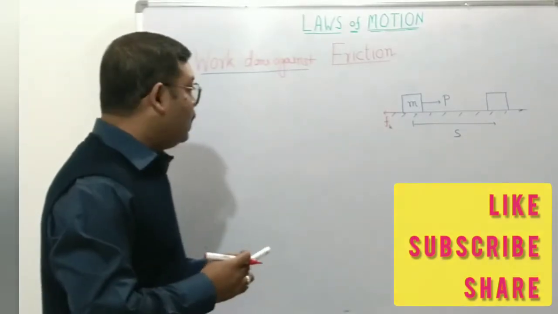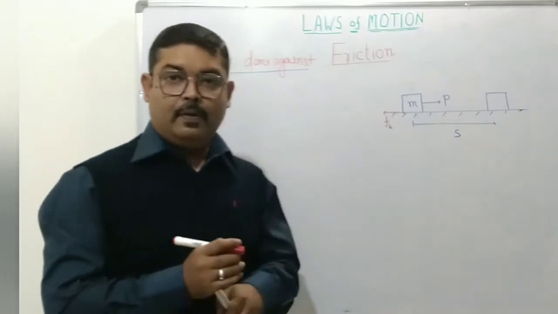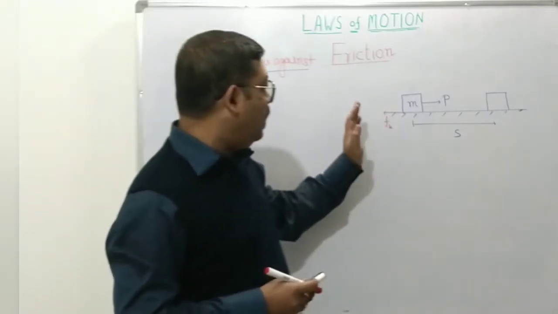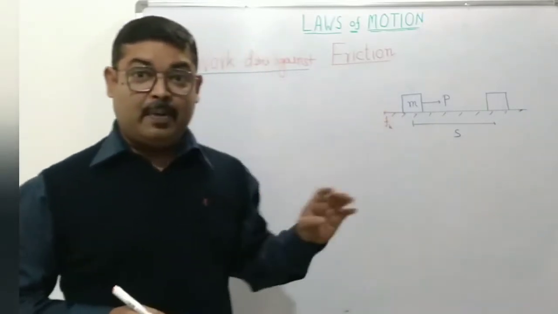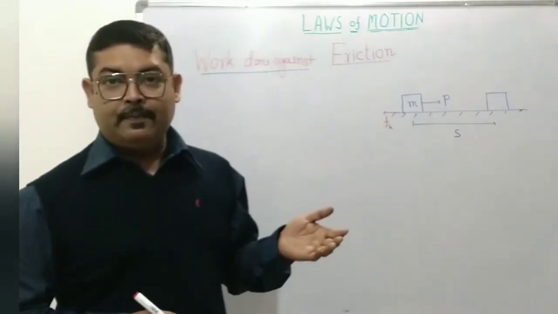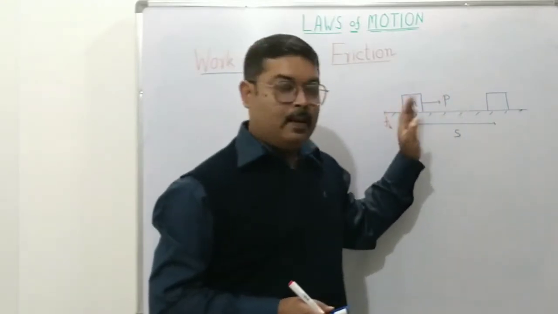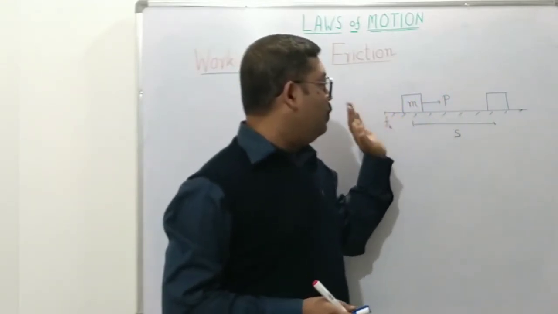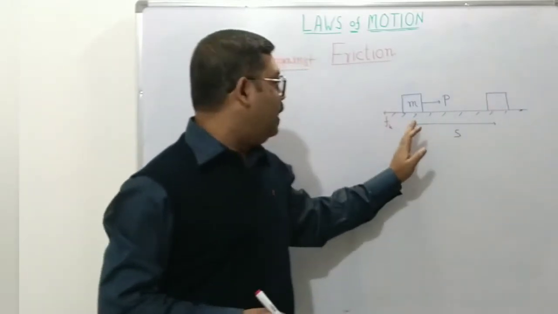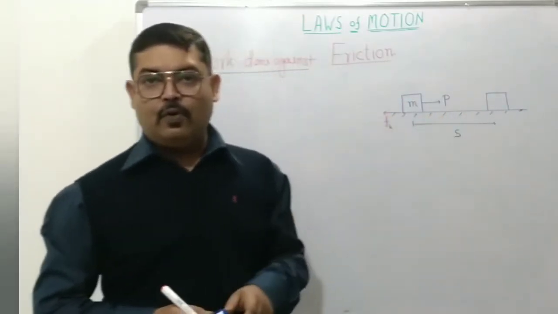Now, we already know that if a force is applied on an object and there is a displacement, then some work is done. This force P applied on mass m will displace it from the initial position to the final position, and so it will do certain work. This will be a positive work.